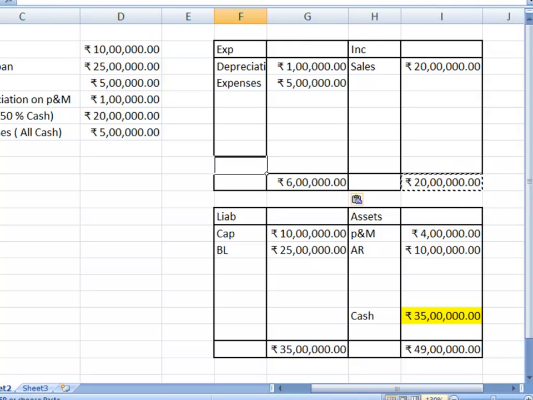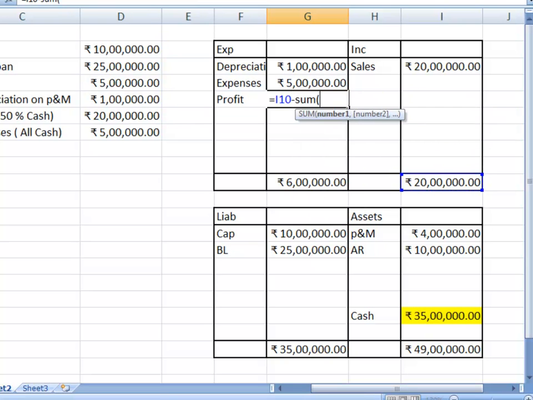This is 20, this is 6. Profit would be the balancing figure. So profit is equal to amount minus sum of these two. So your profit would be 14 lakhs. This profit needs to be transferred here.